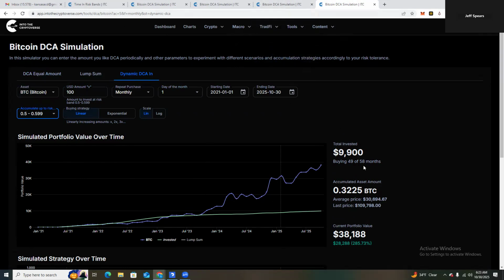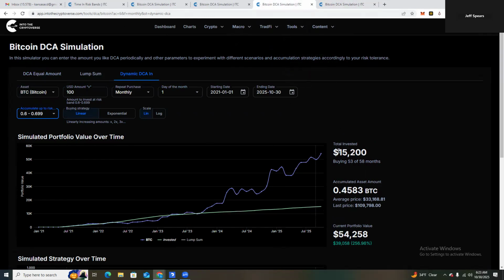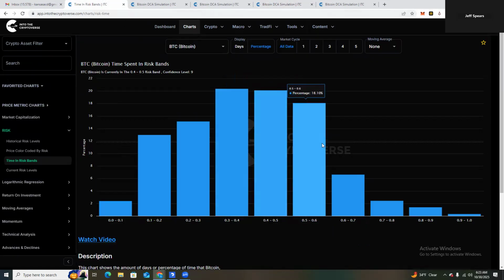You're missing out on 9 months that you're not buying, versus the other one where you're almost investing every month, whether it's $100, or as you go down, you would be doing 200, 300, 400, 500, 600. But it really never gets down to these lower risk metrics, at least in those areas.